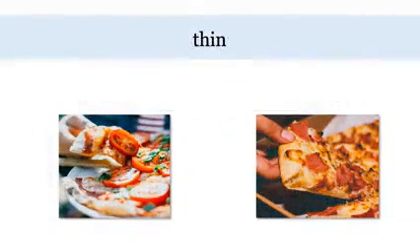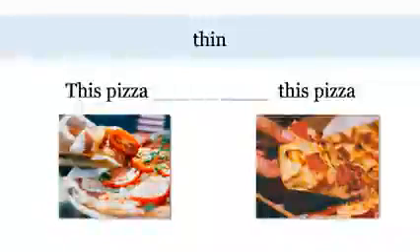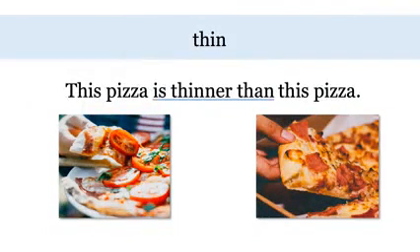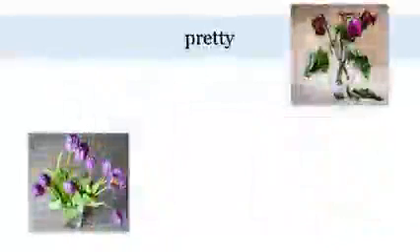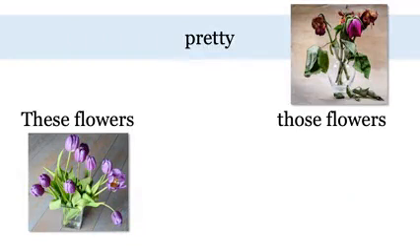Now the adjective is thin, and we are comparing pizza. This pizza and this pizza. What goes here? This pizza is thinner than this pizza. Did you remember to double the N? Pretty. These flowers and those flowers.